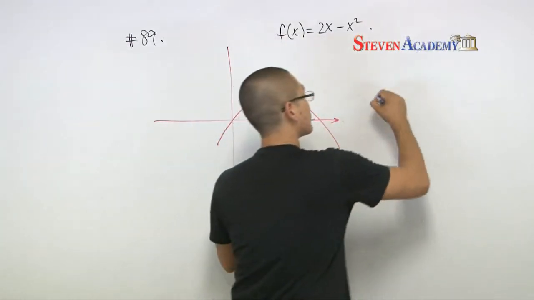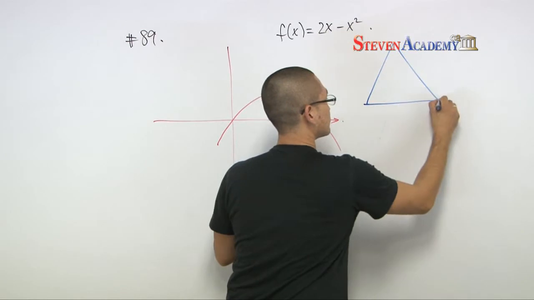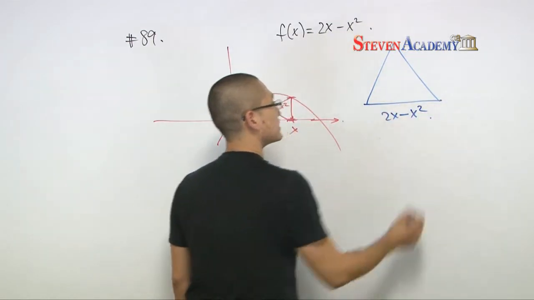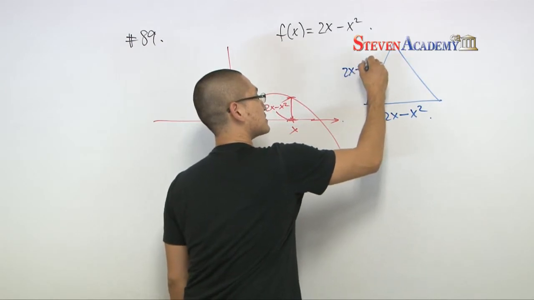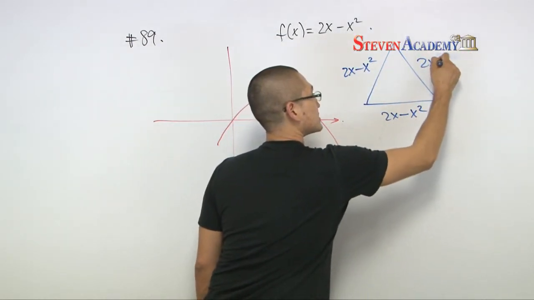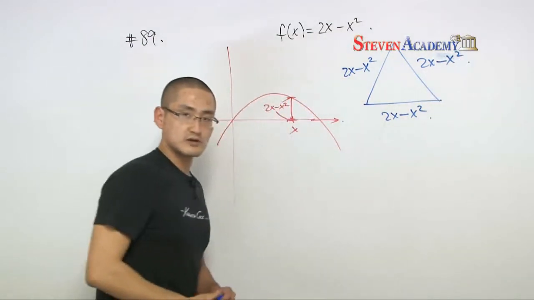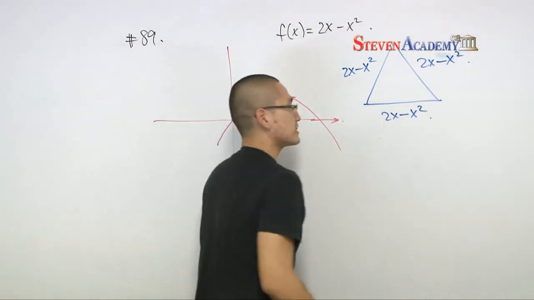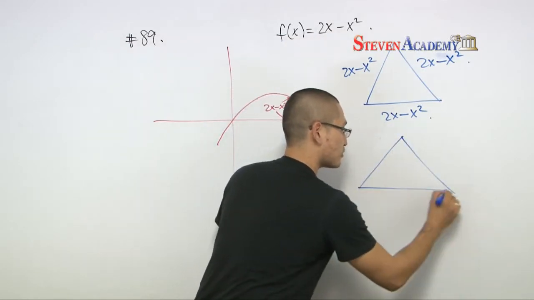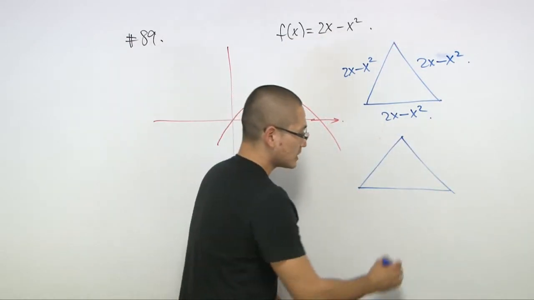So looking at the triangle, one side is given as 2x minus x squared. So here is also 2x minus x squared, 2x minus x squared. And it's really easy to find the equilateral triangle area once you know one side.